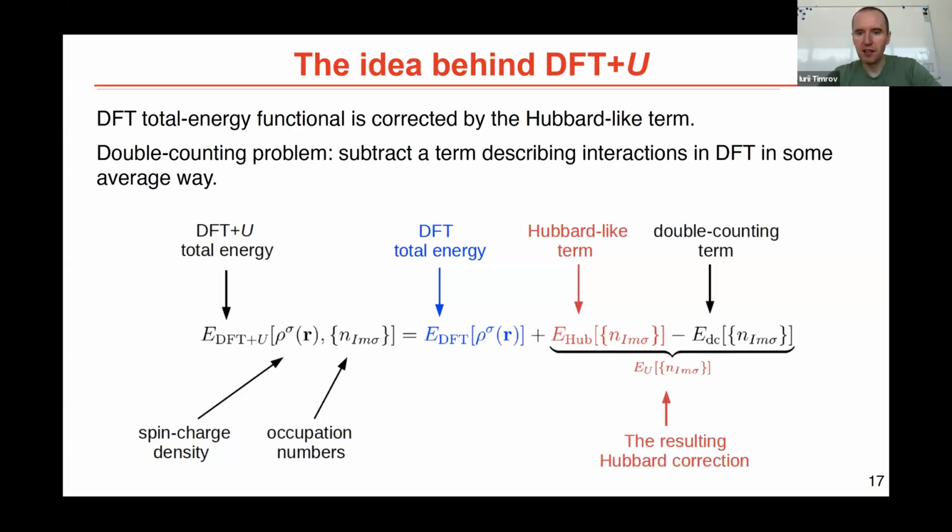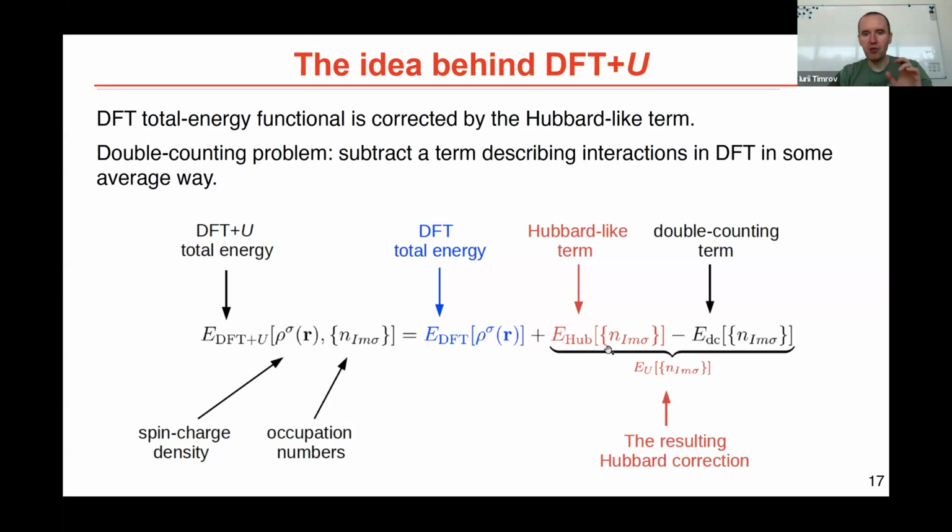So let me explain a little bit. In DFT, we already described these 3D electronic interactions. But we're adding a better description of 3D electronic interaction, the red term. Then we need to subtract from the blue term the wrong description of 3D electrons. 3D electrons want to delocalize because of self-interaction.